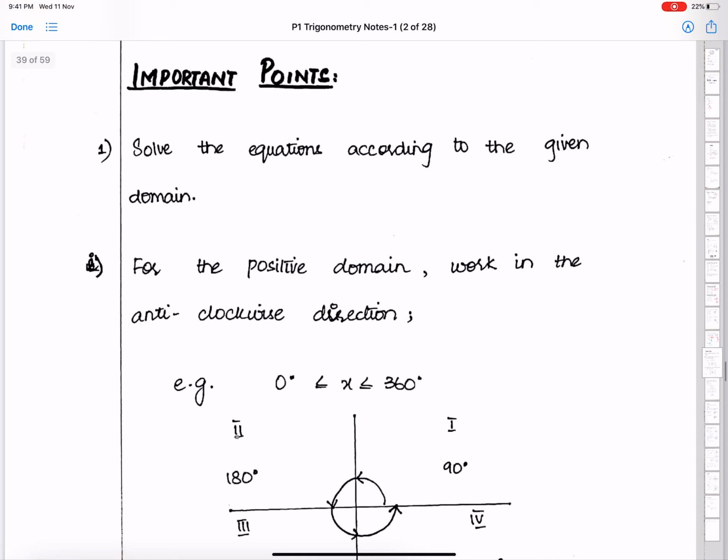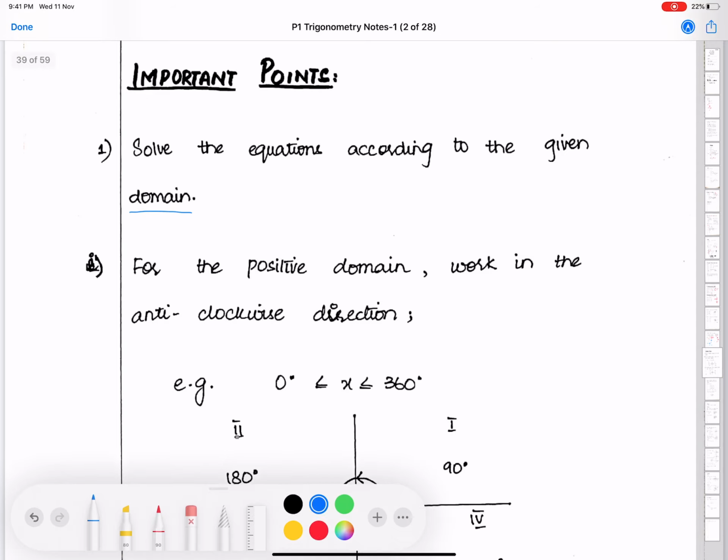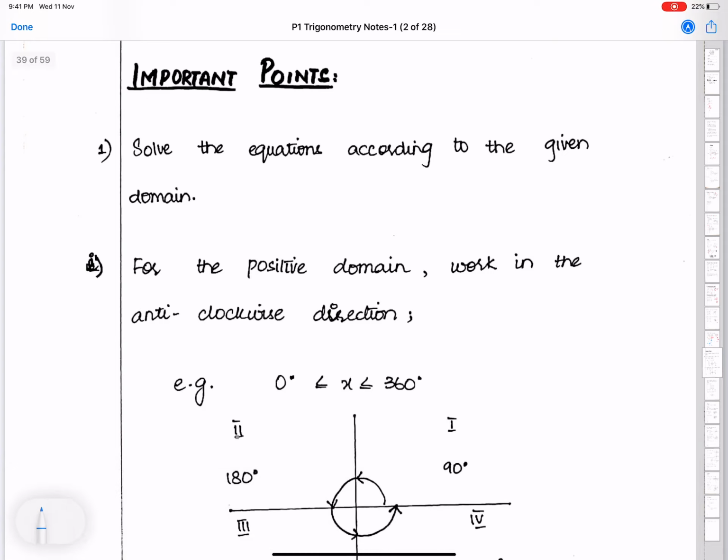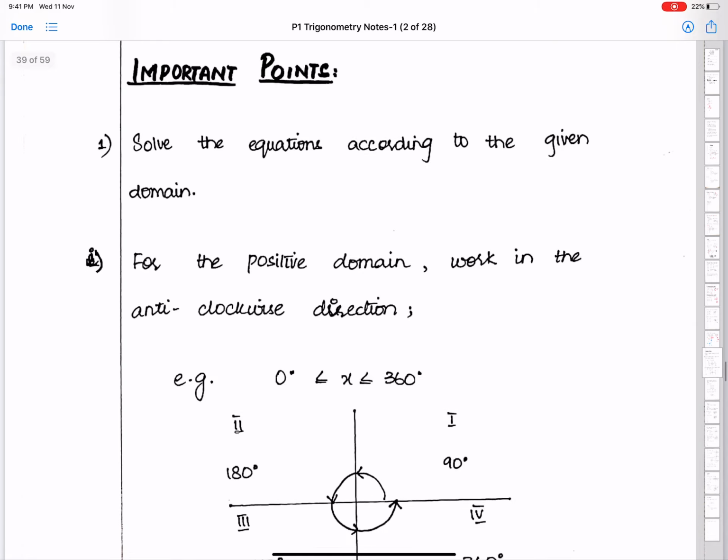Important points regarding the solution of equations. Solve the equations according to the given domain. Now this is one of the most important points. We need to solve the equations according to the given domain. And what if the domain is positive? For positive domain, work in anti-clockwise direction.